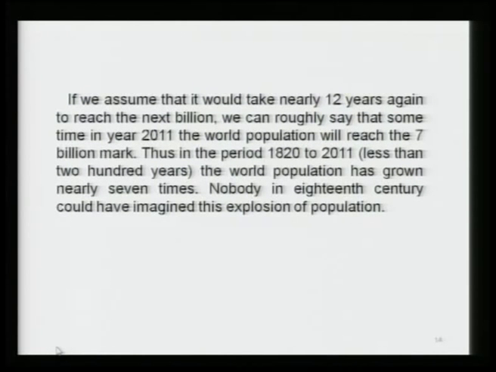Thus, in the period 1820 to 2011, less than 200 years, the world population has grown nearly 7 times. 200 years, 7 times. Nobody in 18th century could have imagined this explosion of population.